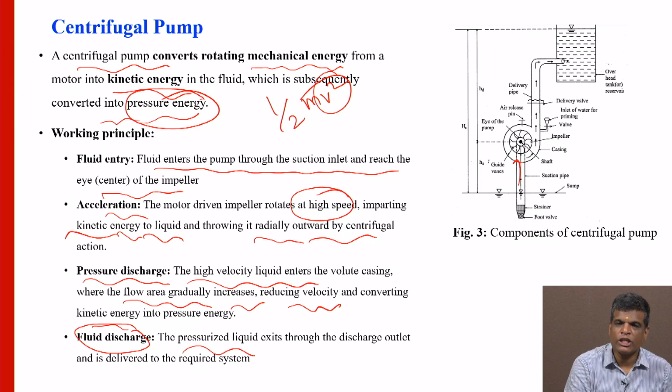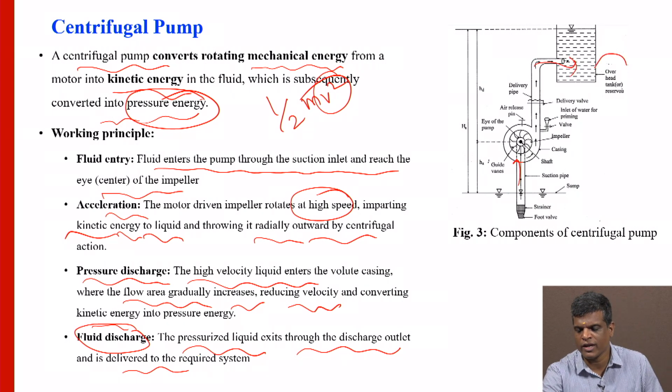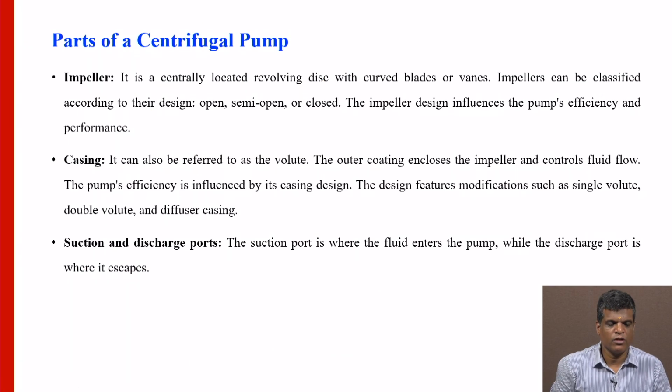The pressurized liquid exits through the discharge outlet and is delivered to the system. So finally the fluid gets discharged here, through the delivery valve. So the fluid enters, passes through the rotor, and finally moves to the delivery discharge. So what are the parts of a centrifugal pump?